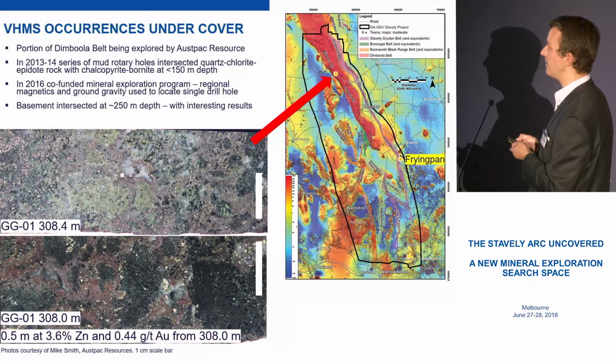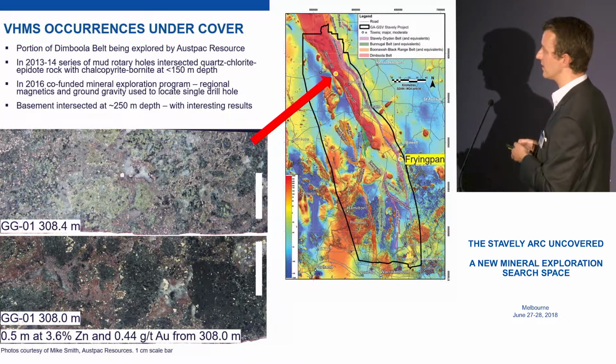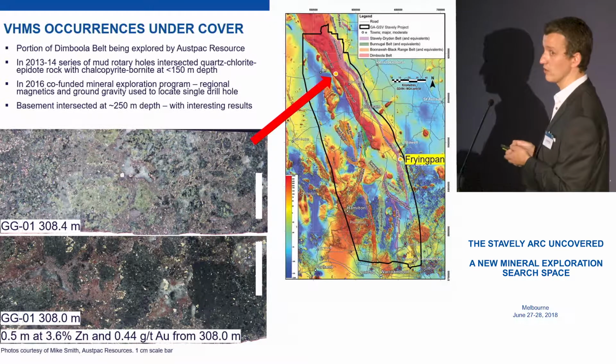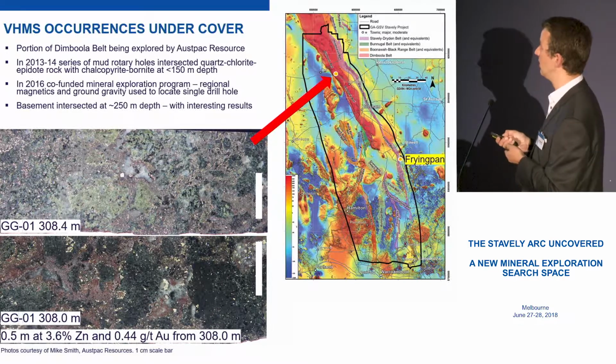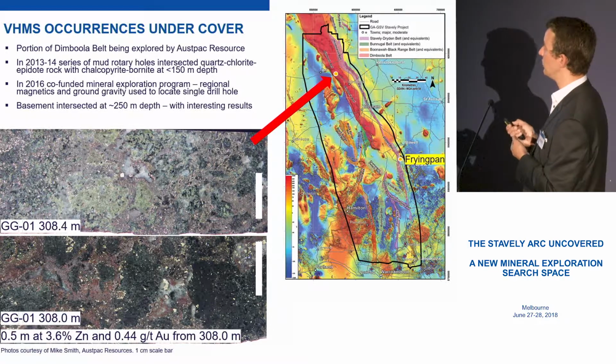And what they found is that at 250 metres depth, they intersected basement, and then below that they were starting to see these volcaniclastic breccias which are sericitised, chloritised, and strongly replaced. The matrix to that breccia is strongly replaced by sulphide. So that's pretty far removed from any of these occurrences that we've been talking about.